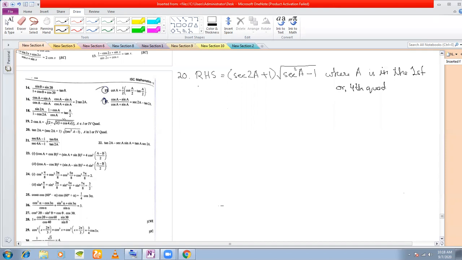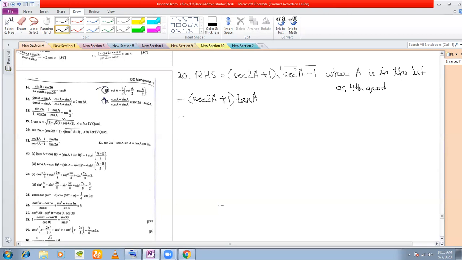Okay, so what we have here is sec 2a plus 1 as it is. Again, first and fourth quadrant means cos is positive. Root over of sec square a minus 1 is tan a, since sec square theta is equal to 1 plus tan square theta, so tan theta is equal to root over of sec square theta minus 1.